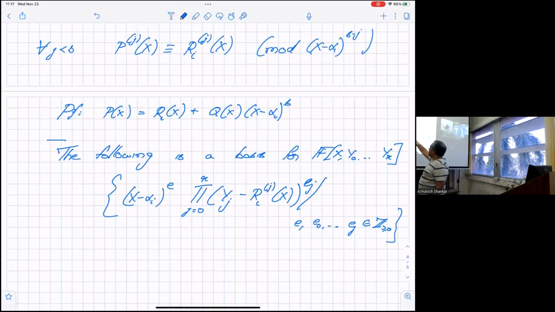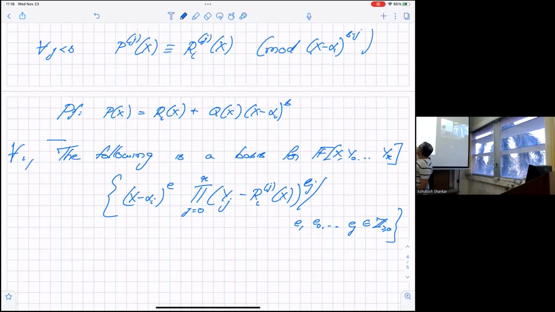I want to claim that, irrespective of what the R_ij's are, you should be able to look at this and see that for a fixed i, the following is the basis.